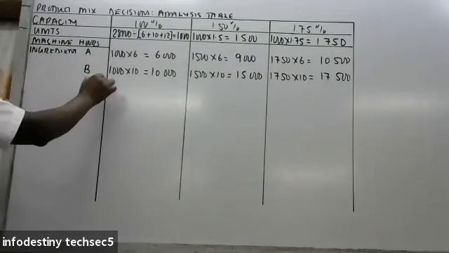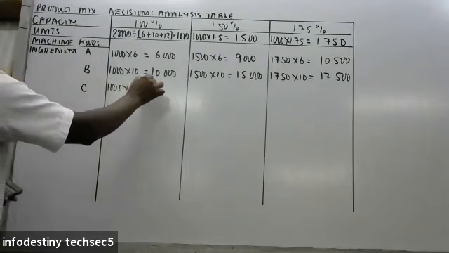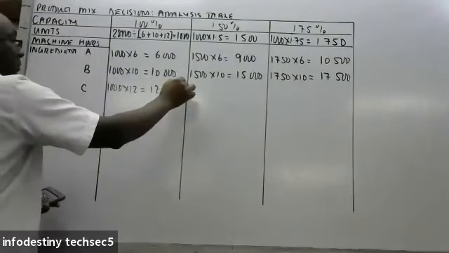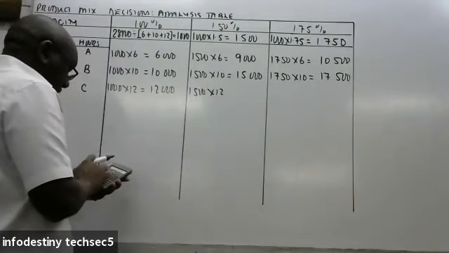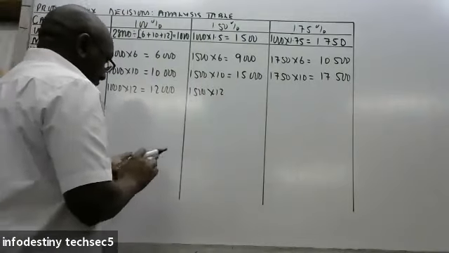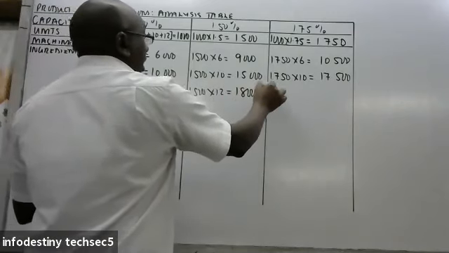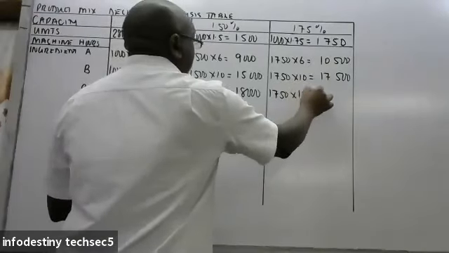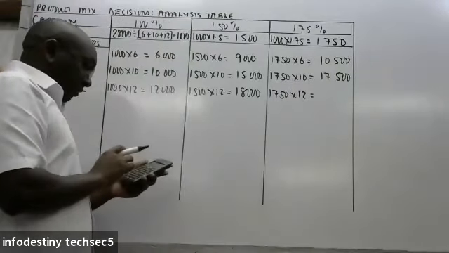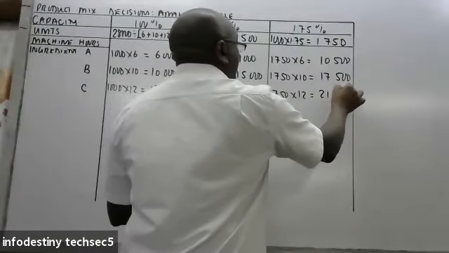Then I go to C, which requires 12. So this will be 12,000. 1,500 times 12 is 18,000. And 1,750 times 12 is 21,000.